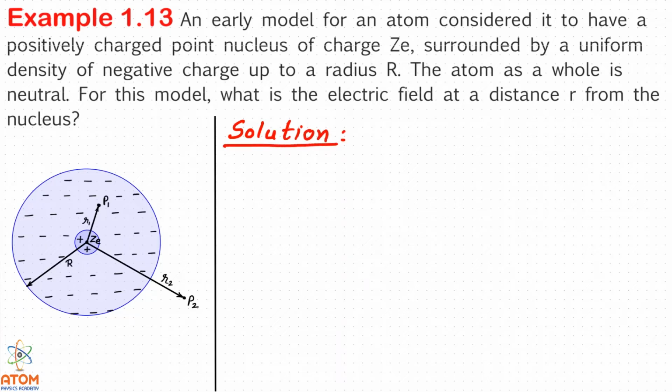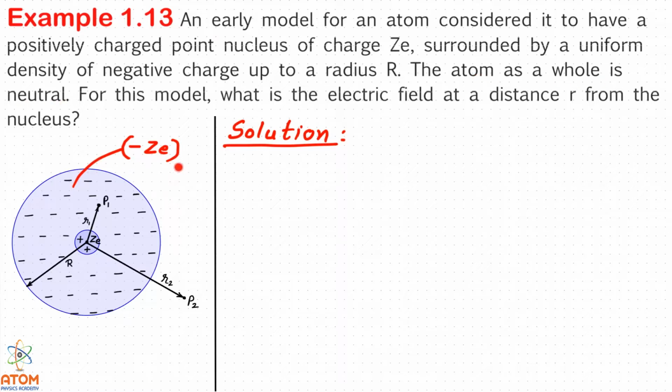First we'll find out the charge surrounding the nucleus. Obviously it will be minus Ze. The reason is that the charge at the nucleus is Ze and the whole atom is neutral, as mentioned here that the atom as a whole is neutral.